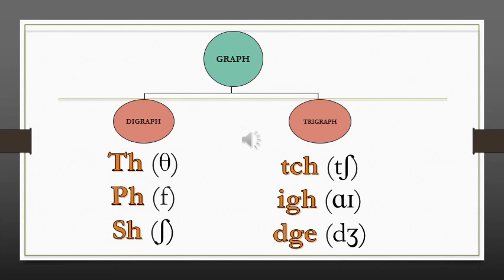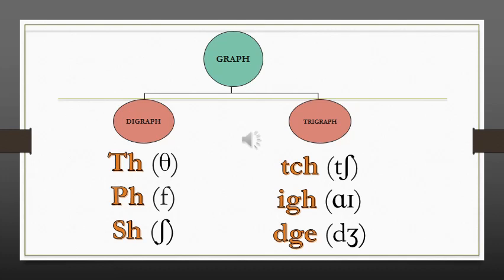I repeat, when two different consonants combine to form a single new sound, it's a digraph. And when three different letters combine to produce a single new sound, it's called a trigraph. You must keep in mind the difference between the consonant blend and the digraphs and trigraphs.